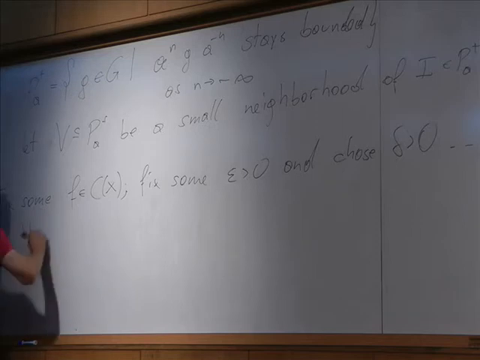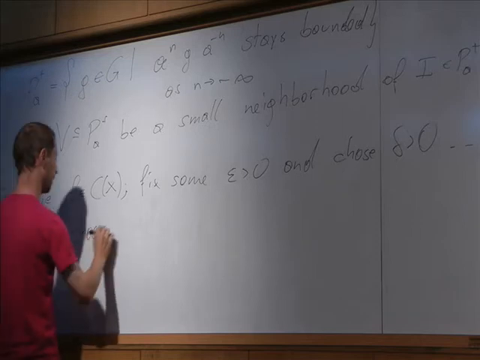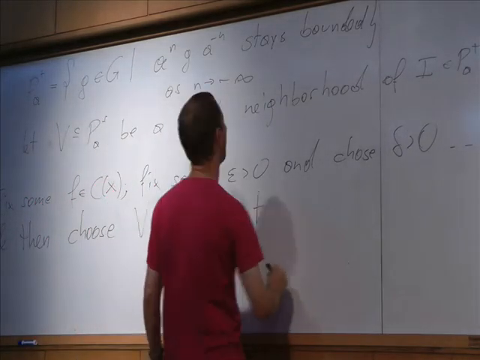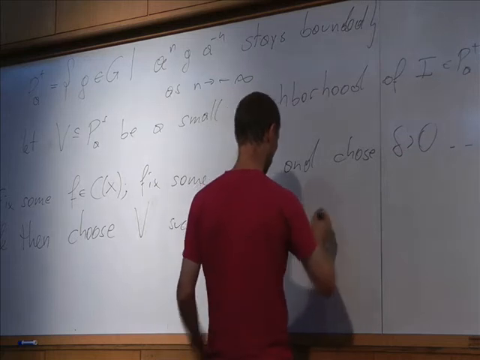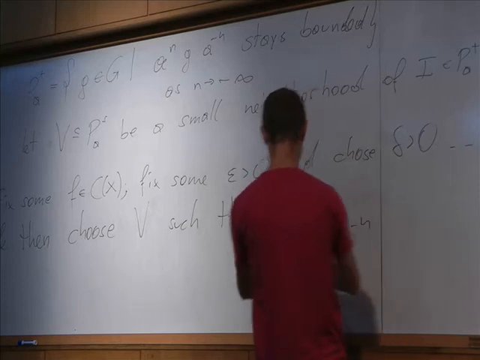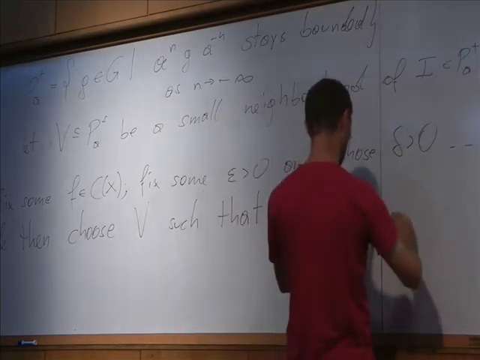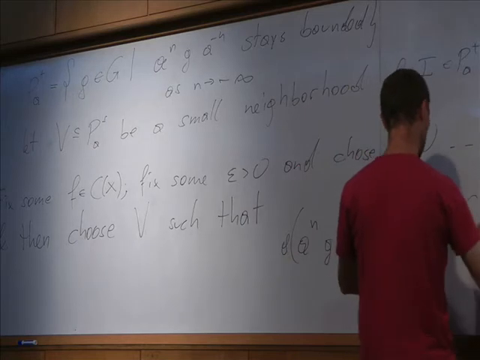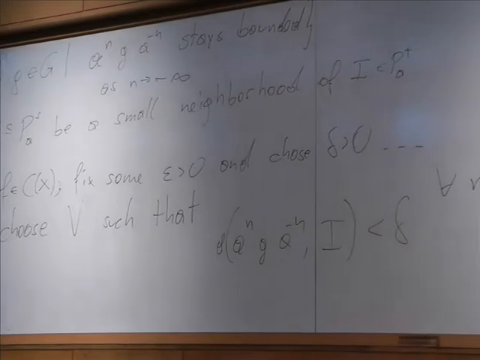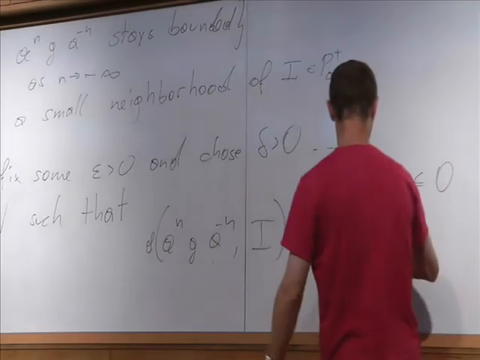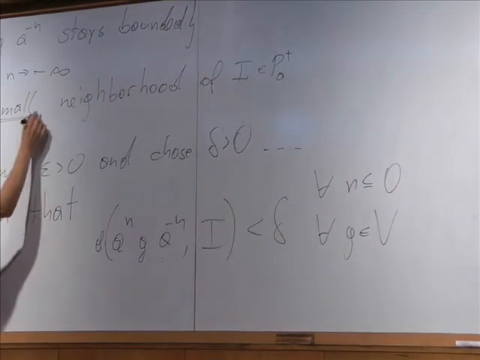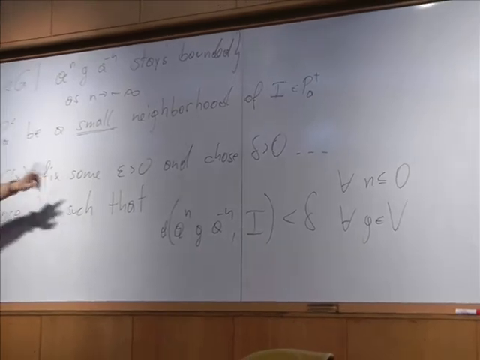And then choose V such that the wrong conjugation, a to the n, g, a to the minus n, has distance to the identity less than delta for every n less than or equal to 0 and for every g in this neighborhood V. That's small enough. So the small enough depends on the function and the epsilon that I've chosen.